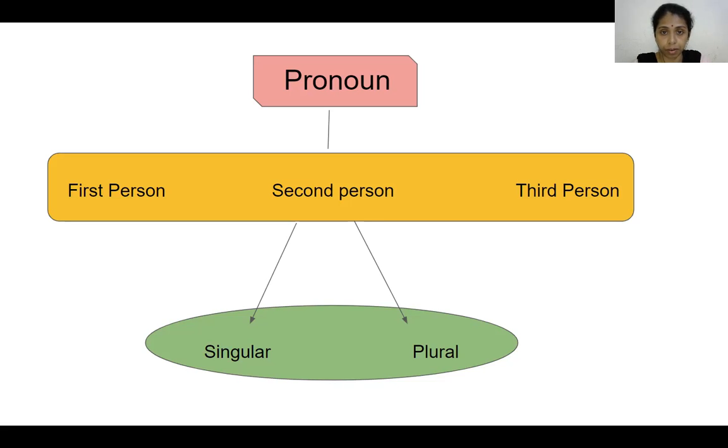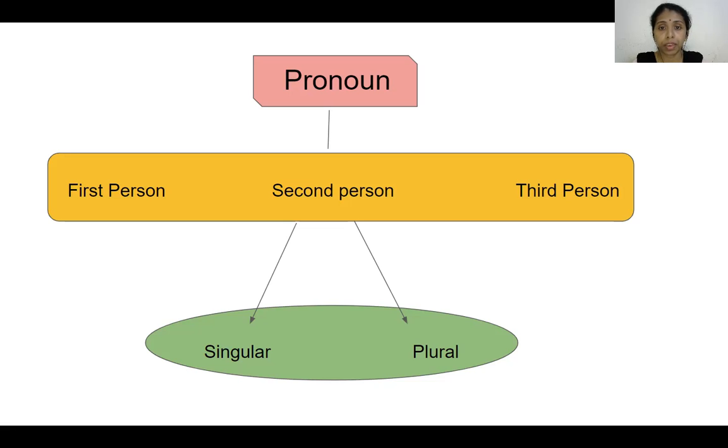Now the second person. Second person means the person with whom he is speaking. That person is mentioned as second person. And the third person means the one about whom the person is speaking something. So that person is called third person. Like here, I am speaking something, so here I am is the first person.